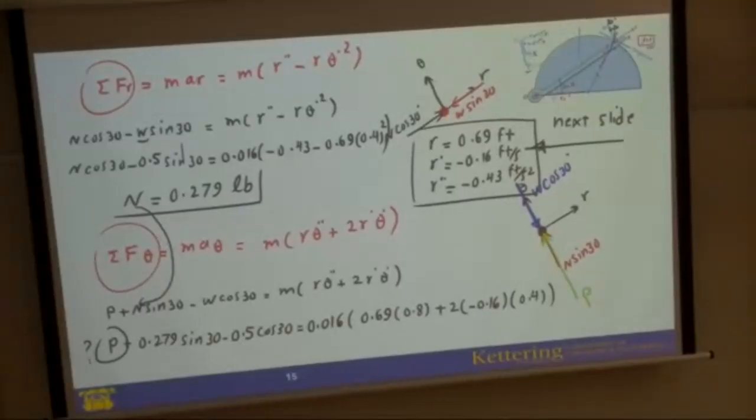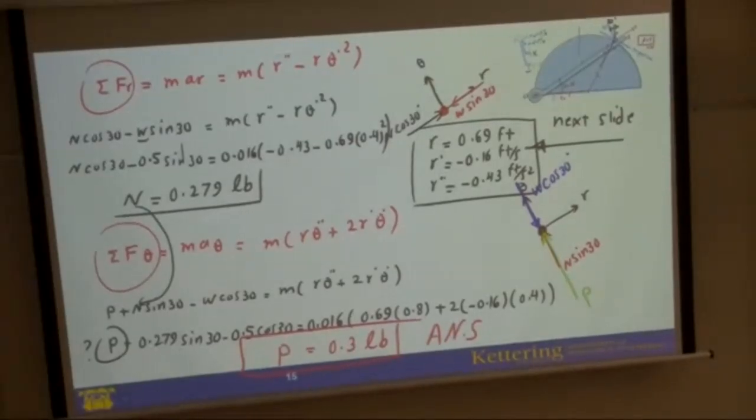Here we have one unknown. If you calculate this, you can find P. It is equal to 0.3 pound. This is the answer I'm looking for.